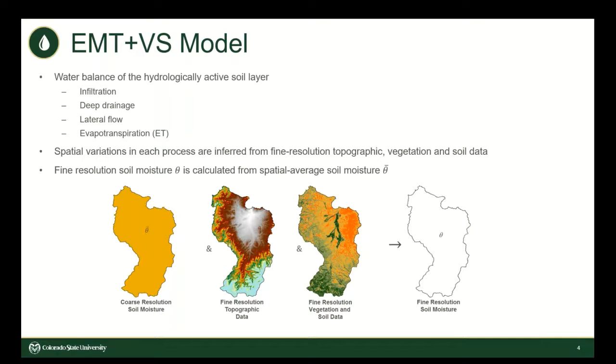But using fine resolution topographic data, fine resolution vegetation, and fine resolution soil data, the program conducts a water balance of the hydraulically active layer, taking into account infiltration, deep drainage, lateral flow, and evapotranspiration in order to produce a map of fine resolution soil moisture.